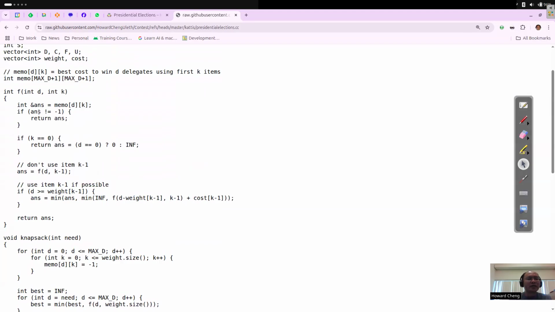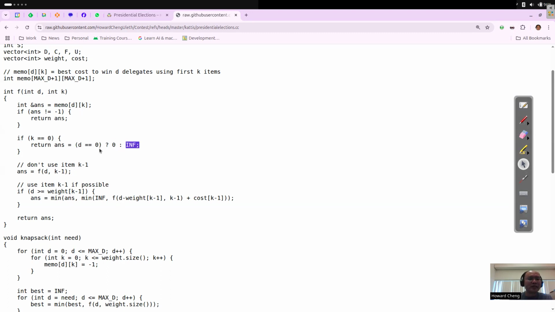I ask if I've already seen it before. So if it's not -1, I've seen it before, I return the answer. I just use a reference here so I don't have to keep typing memo d k all the time. This answer is just a reference to this thing. If k is equal to 0, then the base case, if I'm trying to form the sum 0, then it's okay.